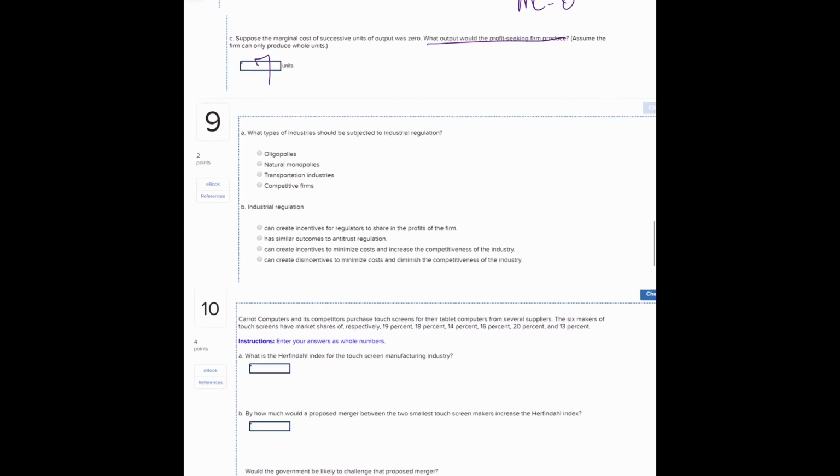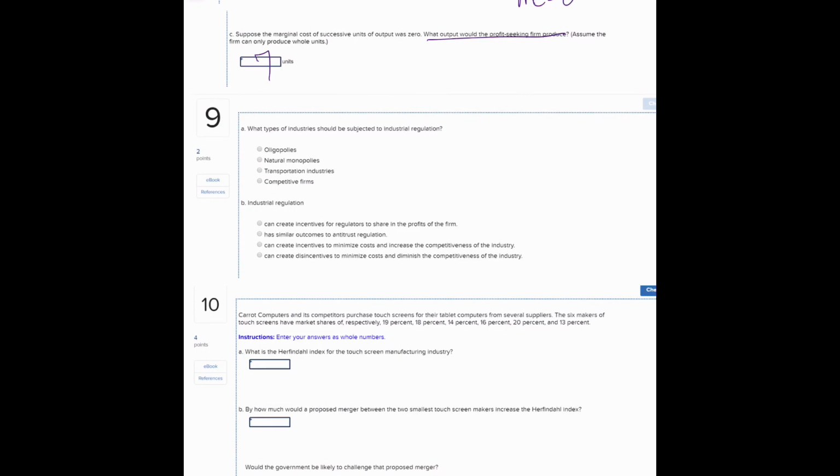Number 9, what types of industries should be subjected to industrial regulation? Number 9 is talking about natural monopolies here. Natural monopolies are usually subject to this because they're allowed to exist. They're beneficial to the economy in many ways.